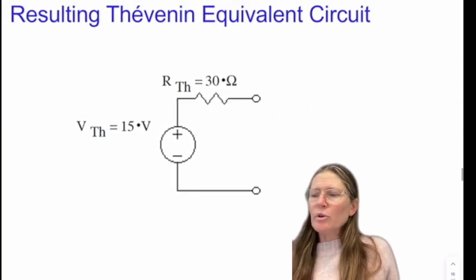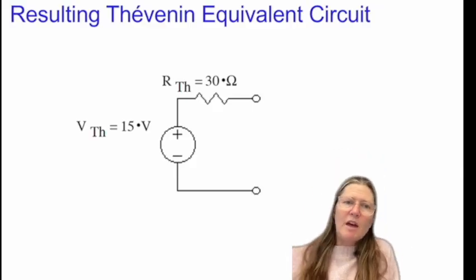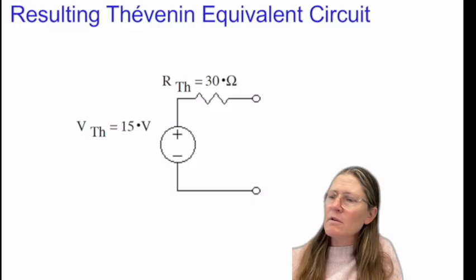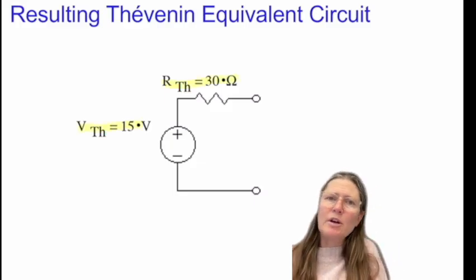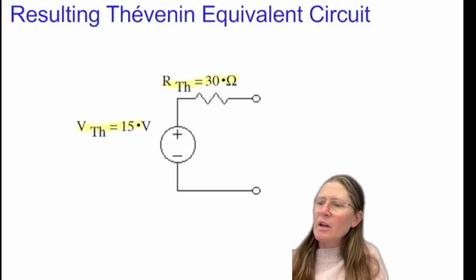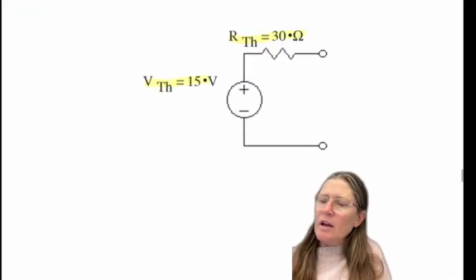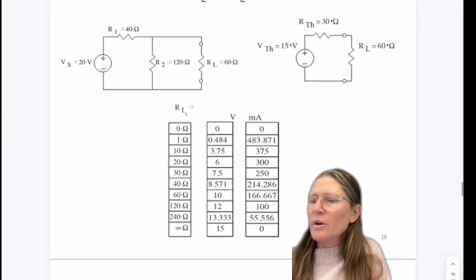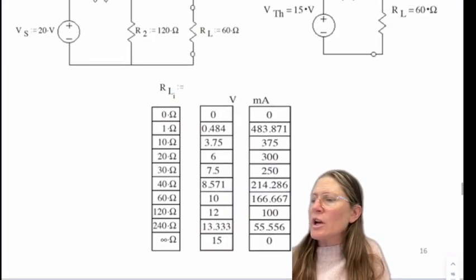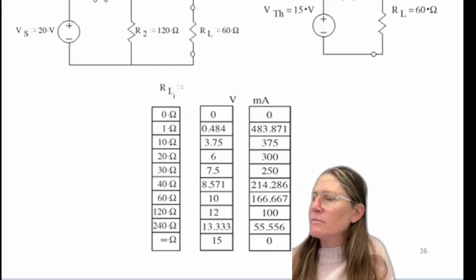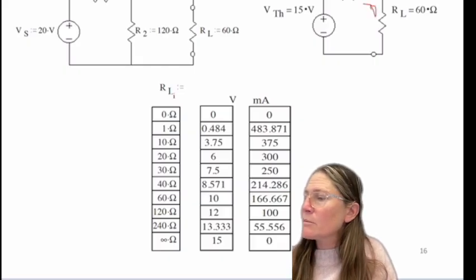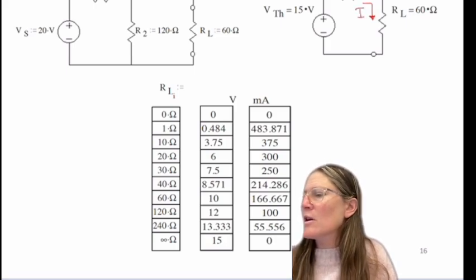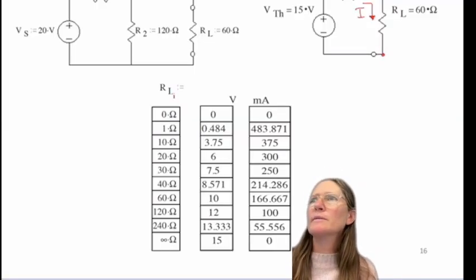So this is our resulting Thévenin equivalent circuit, that 15 volts and our 30 ohms. And so now when we connect it to different loads, you're going to have different current drawn, and across it you would have different voltages depending on what value it is.